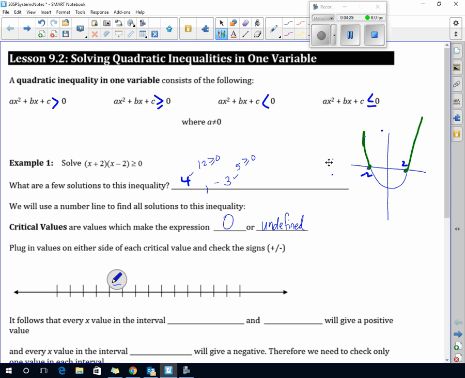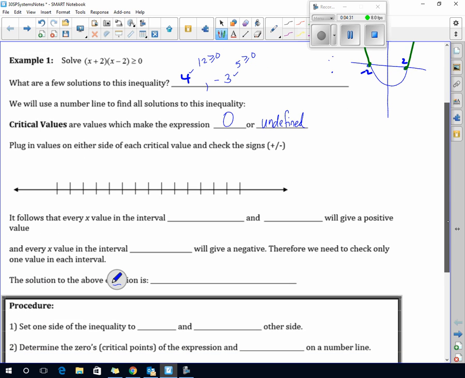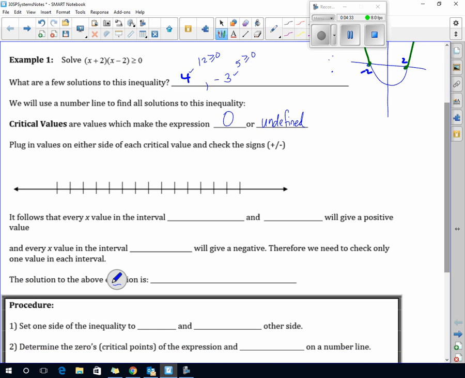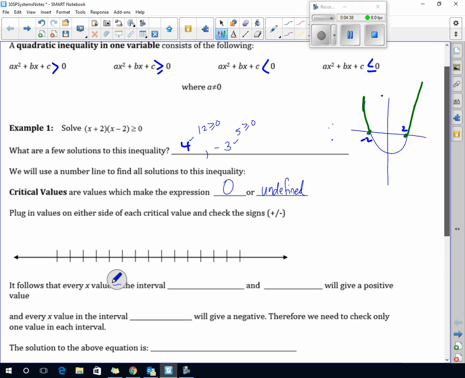Okay, so what are the critical values in this example here? What would make the function 0? 2 and -2. It's the zeros of the quadratic, right?